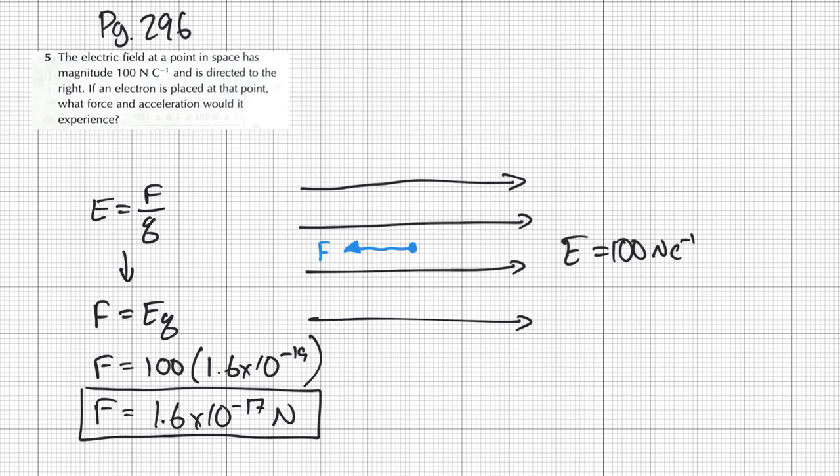So that's my force. The second part of the question asks, what is the acceleration that it would experience? We're going to use Newton's second law: acceleration equals force over mass. The force is 1.6 times 10 to the negative 17, and my mass is going to be 9.11 times 10 to the negative 31 kilograms.